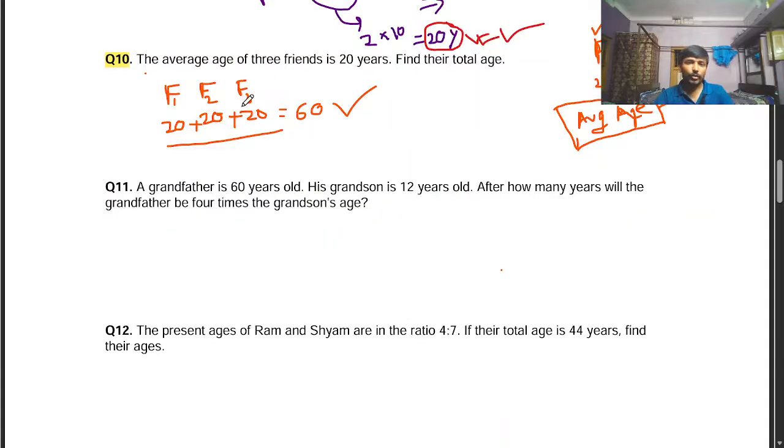Okay, understood. Next question. The average age of three friends is 20 years. Find the total age.